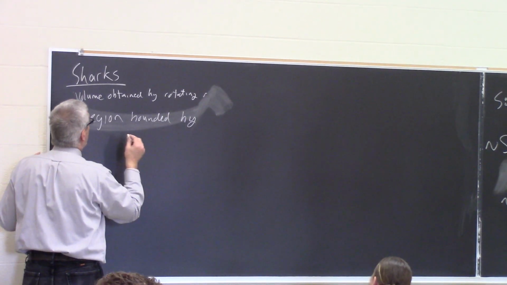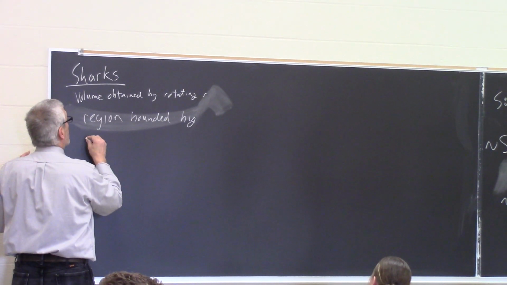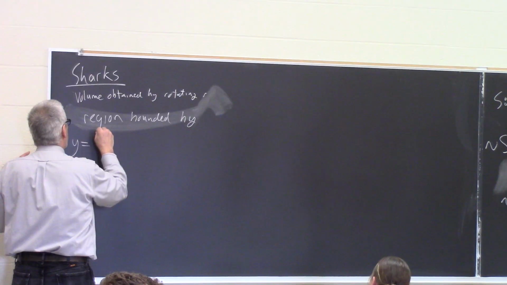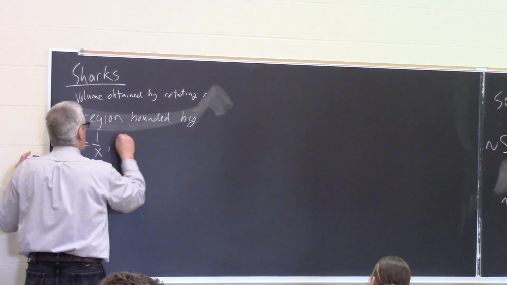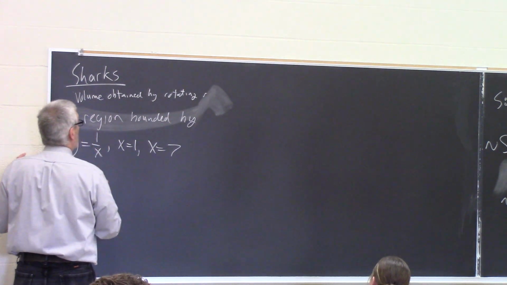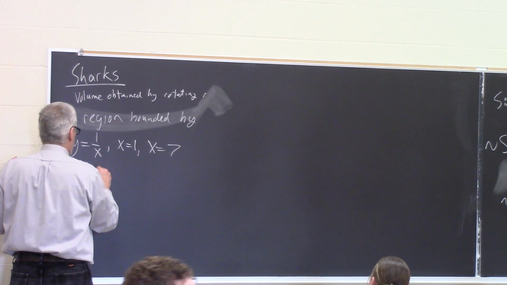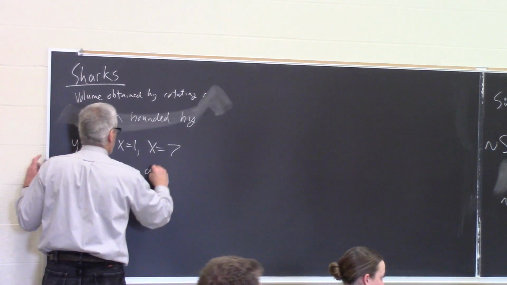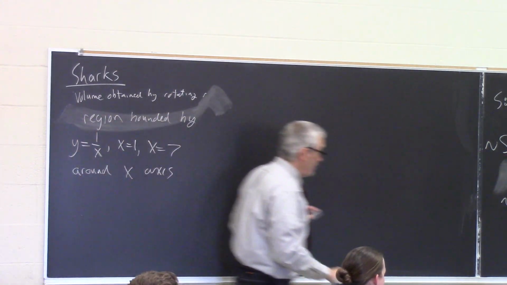Well, I'll write down the problems, and then you can turn off the camera. So bounded by y equals 1 over x, x equals 1, x equals 7, rotating it around the x-axis. Okay, so sharks, there you go.